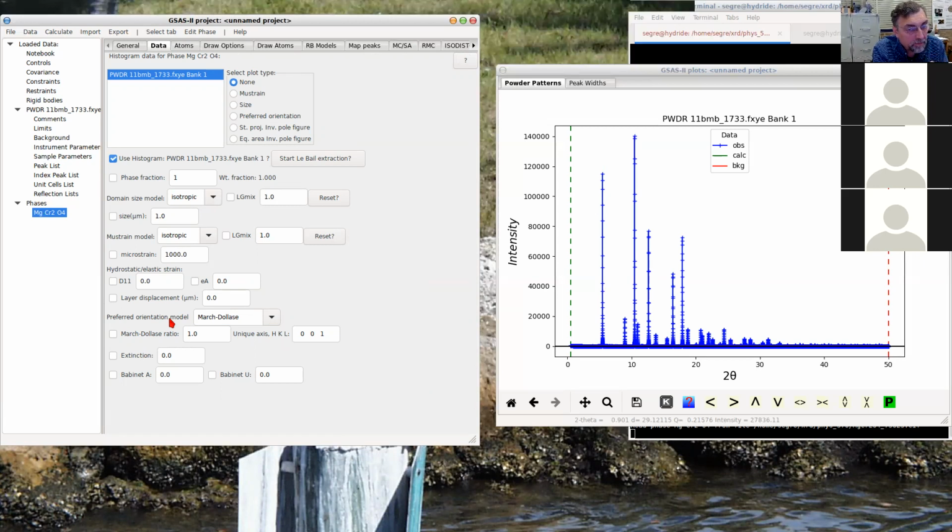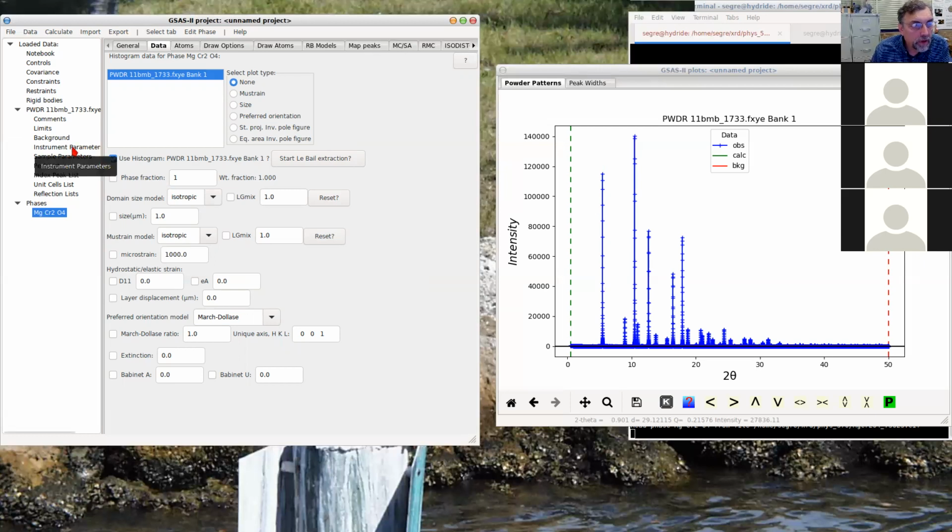And so you'll have pretty much a good powder diffraction pattern with no preferred orientation with 11BM data. And preferred orientation, if you're going to use it, you can use this March-Dollase method, which is a single parameter, or spherical harmonics, which is the one I prefer to use when I do use this. You can have extinction. I frankly have never needed to use any of these parameters. But again, I am not a crystallographer, so some people certainly will use them. Otherwise, they wouldn't be there.